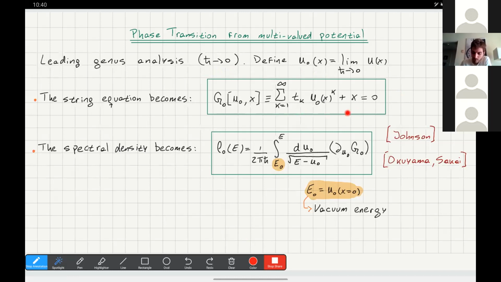Note that this is nothing more than an algebraic constraint. All we have is U0 to some power in this infinite series. And the spectral density is computed by this equation over here. This technology was applied to JT gravity last year in these two papers by Johnson and Hell.